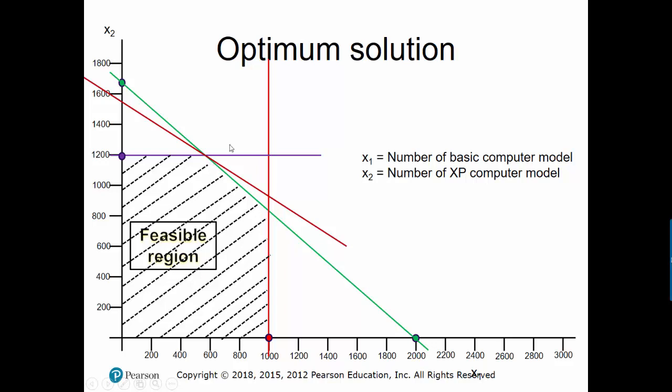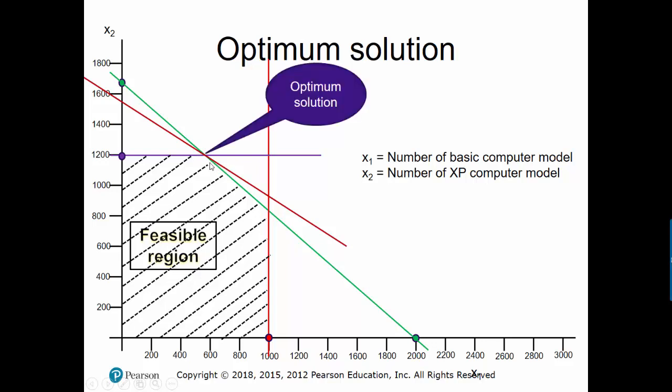If you increase the profit any more, then none of the points on the ISO profit line will be feasible for the problem. So now we know that that is our optimum solution.